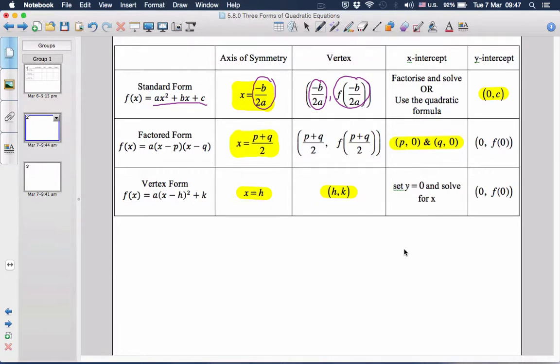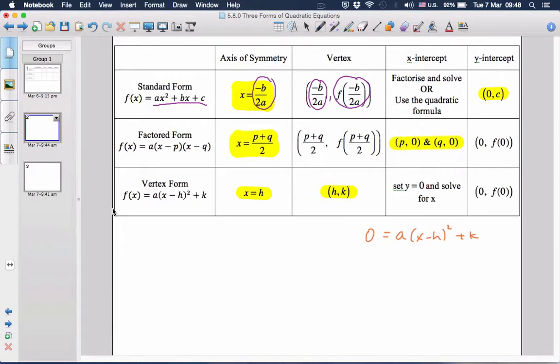Other students, probably more efficiently, will just use inverse operations to solve and unwrap that x. If you set this y value equal to 0 and solve, you are less likely to come up with a bigger number inside the surd, and so you don't have to simplify more often than not. That's a good tip.